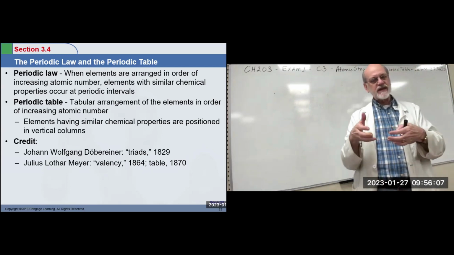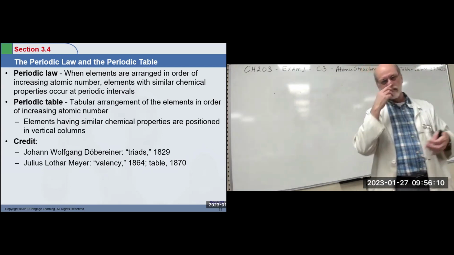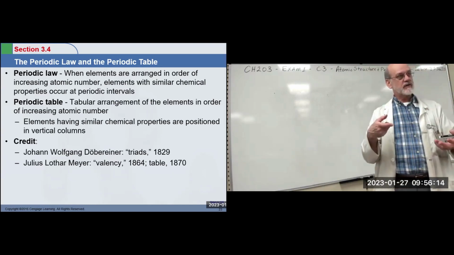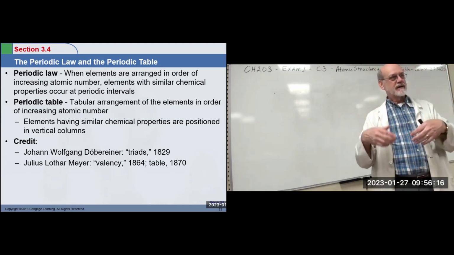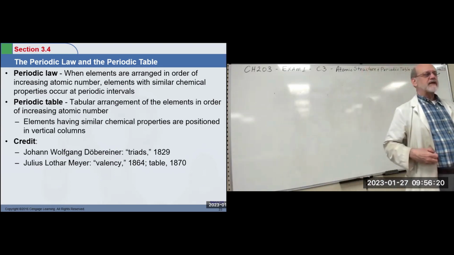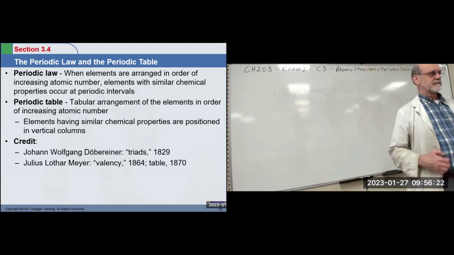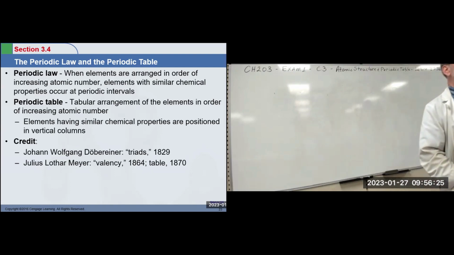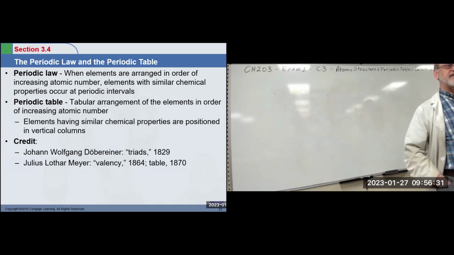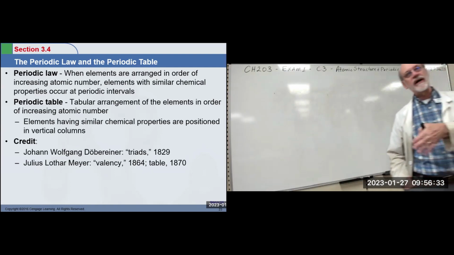And by the 1870s, 41 years later, more elements had been discovered. So he had more than just a triad, and he put those elements together. And he introduced this concept of valency. He called the valency of an element an expression of its chemical behavior, and elements that have the same valency behave the same way.